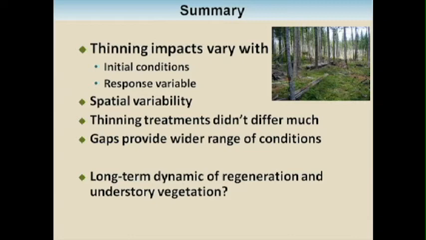For example, where we didn't have much shrub layer before, there was less harvesting impact on shrubs. Of course, if you don't have it, the trees can't crush it. But if you do have it, you see that the harvesting impact sets back the vegetation. So the role of harvesting will vary with the initial conditions.